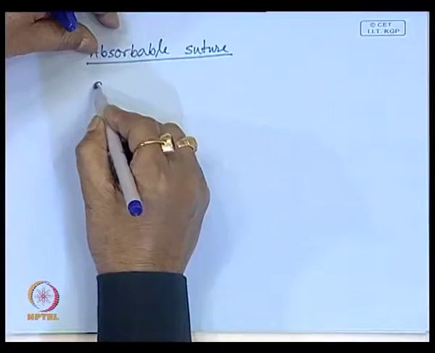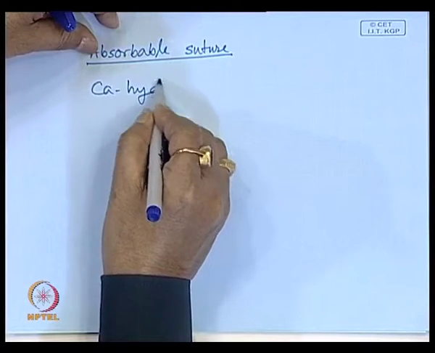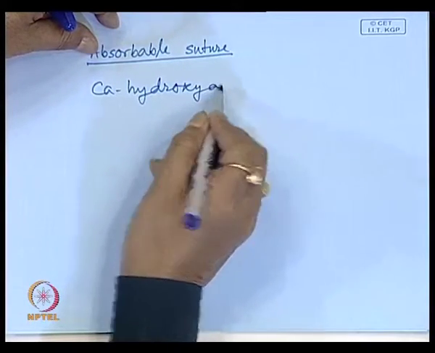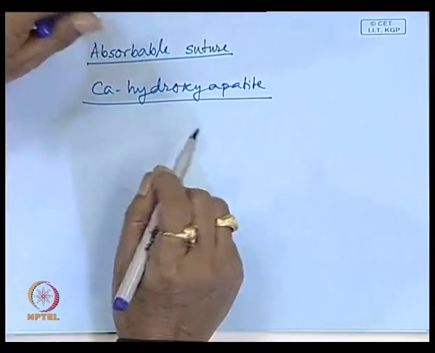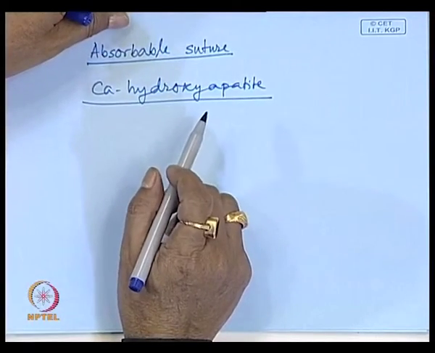We make a scaffold from synthetic calcium hydroxyapatite. You have heard this name, calcium hydroxyapatite. It is a bone mineral. It is present in normal bone.